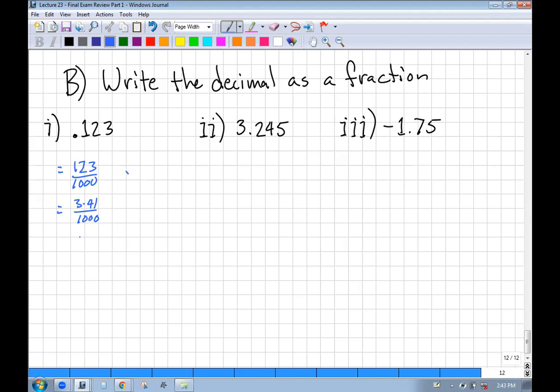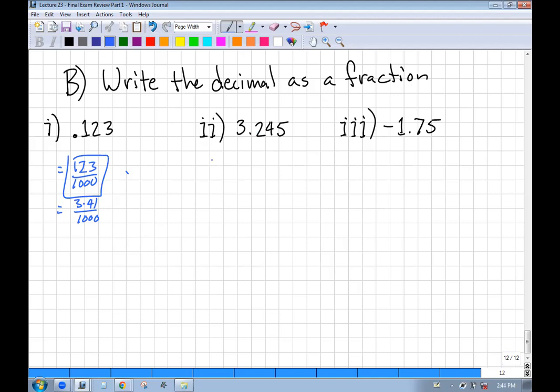But 1000 is not divisible by 3. It's not divisible by 41. 41 is a prime number, right? Let's see, 41 divided by 3. Yeah, these are both primes, so you can't reduce this anymore. Yeah, so that's it. That's all you can do. That's as simple as it's going to get.